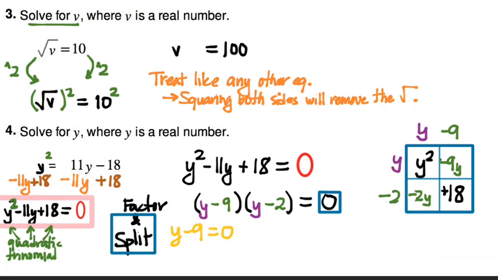And the second piece, the y minus 2, gets its own equal to 0. And then I can solve each of those 2 equations in one step, adding 9 to both sides of the equation on the left and adding 2 to both sides of the equation on the right.